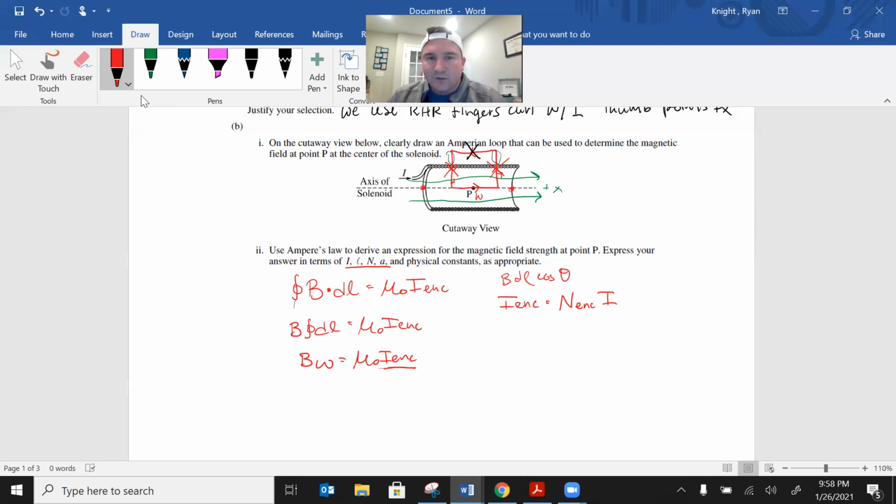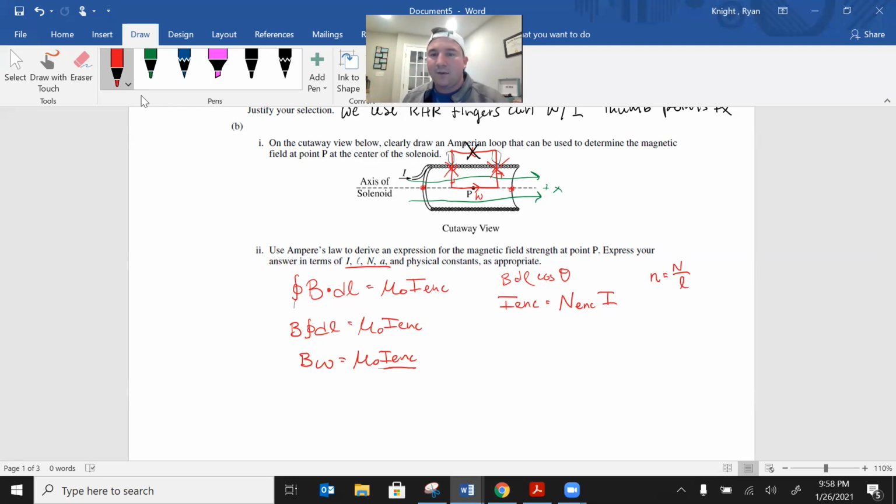So we have to figure out a way to deal with this N enclosed. How do we figure out how many turns we have enclosed? We're going to second-handedly use turn density, right? Turn density, lowercase n, which we've used a lot, is the total number of turns divided by the length of the solenoid. That gives us turns per length, right?